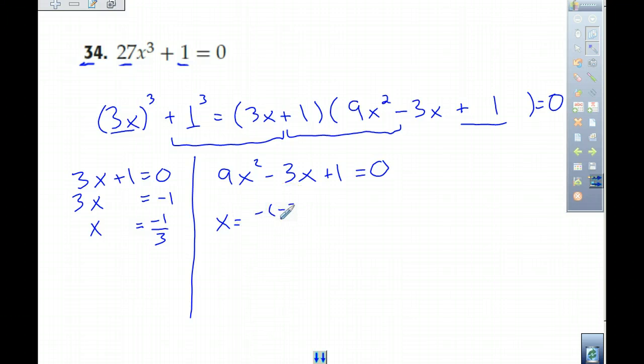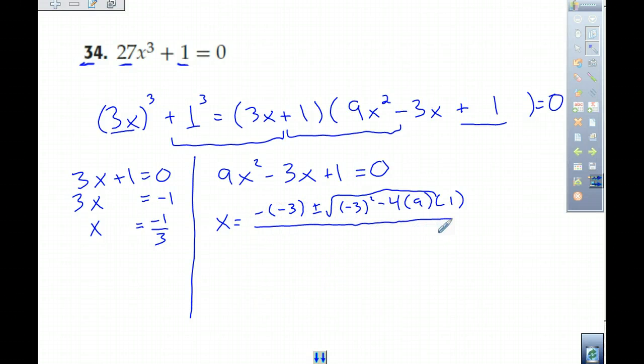Within this whole problem, we have to go ahead and do another whole problem of quadratic formula. All over 2 times 9.